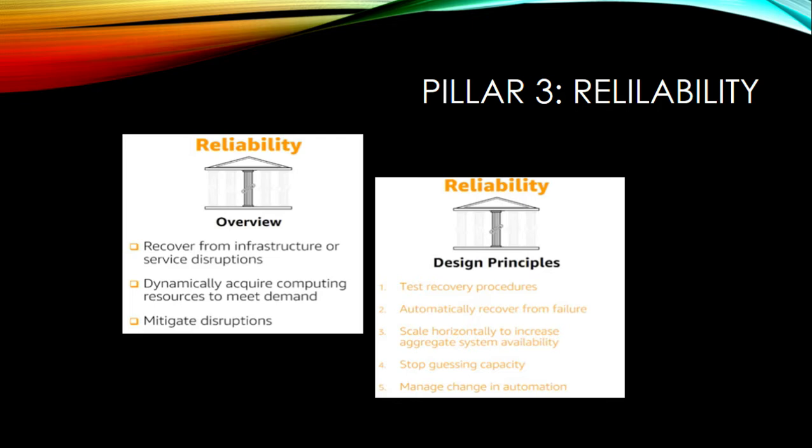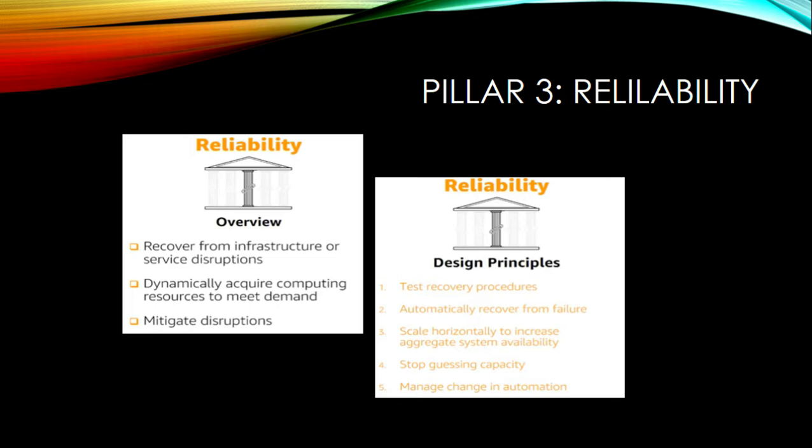You can use automation to simulate different failures or to recreate scenarios that led to a failure before. Now, this exposes failure pathways that you can test and rectify before a real failure scenario. So this also reduces the risk of components failing that have not been tested before.